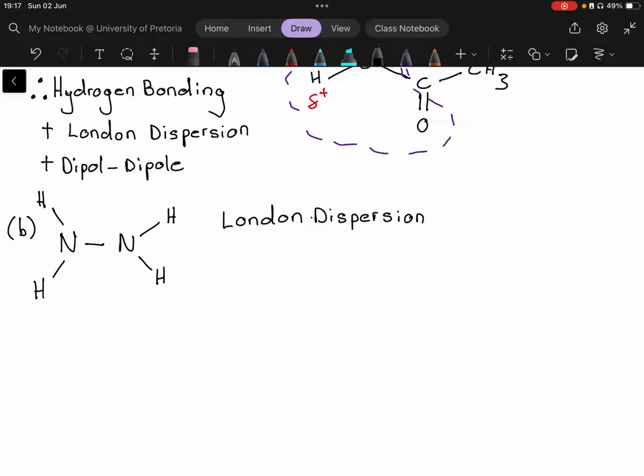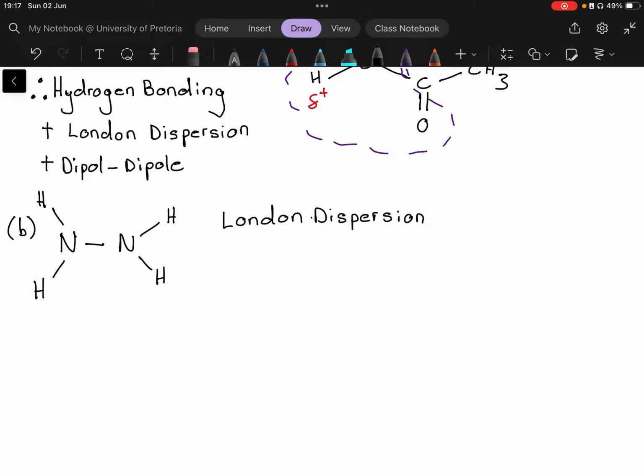And it might be a bit of a question here. Is it exactly planar? Is it exactly flat? How does this molecule look? For your cases, it is non-polar, so there's nothing else of relevance here. So there can't be dipole-dipole forces.